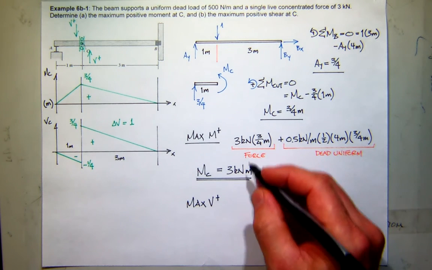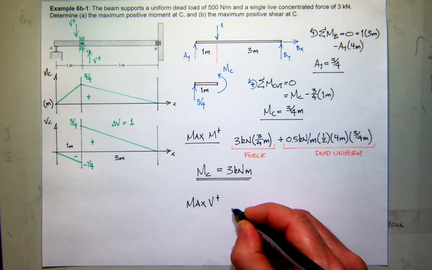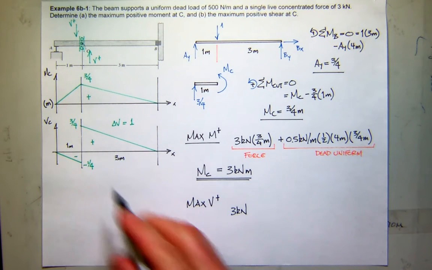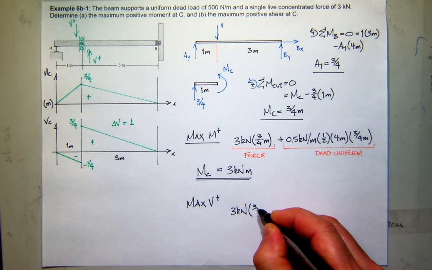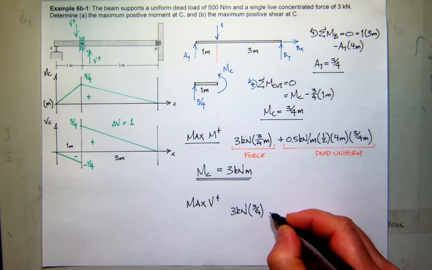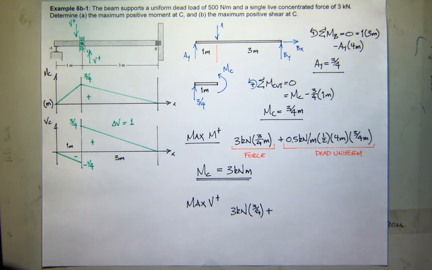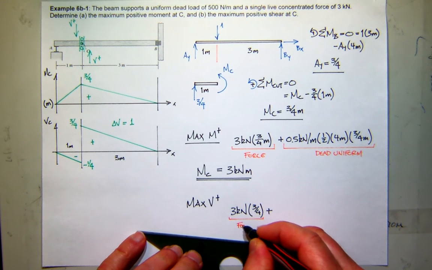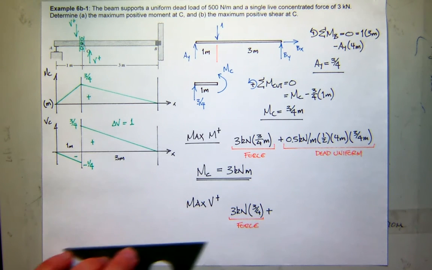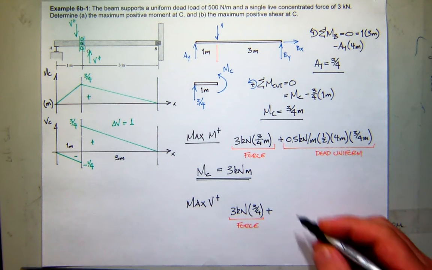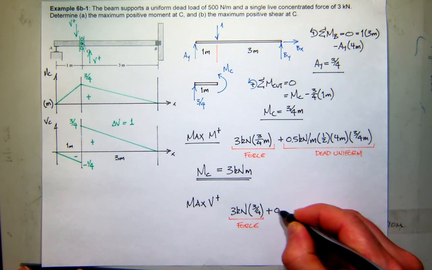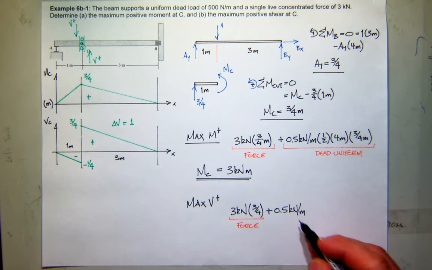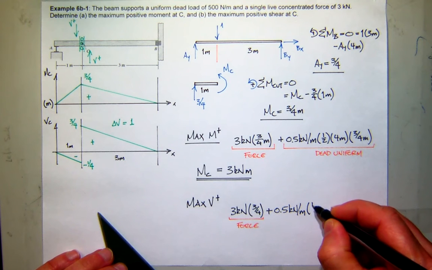So again, we'll start with the concentrated load, which is 3 kilonewtons. The maximum positive value is, interestingly enough, 3/4 again, but no unit for that. And that again is the value from the live force. And then I need the area of the whole structure. So again, I'll have half a kilonewton per meter as the intensity, and then I have 2 triangles to deal with.